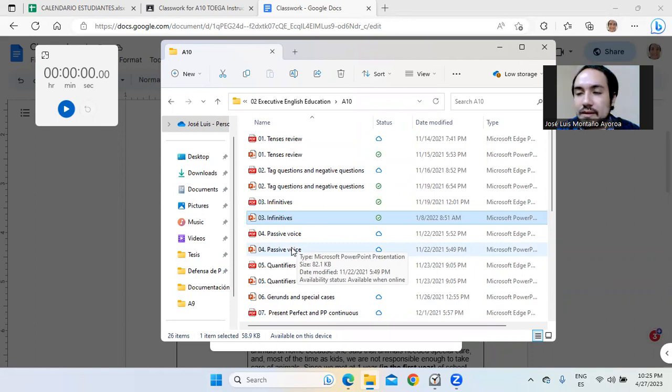Tag questions: we practiced a lot of tenses again to recognize auxiliaries, to know when to use do, does, did, have, has as auxiliaries, and then make them tag questions. And infinitives: we learned that they can be used as subjects, but they are very formal, not the best option. We can use them after verbs. We have some verbs, and after them we have to use the infinitive form of that verb.